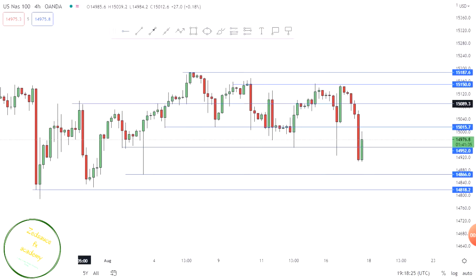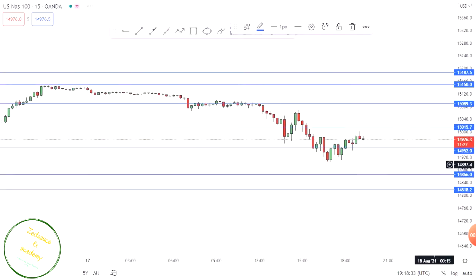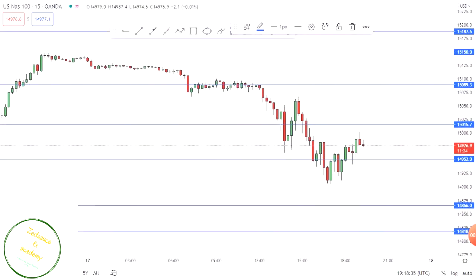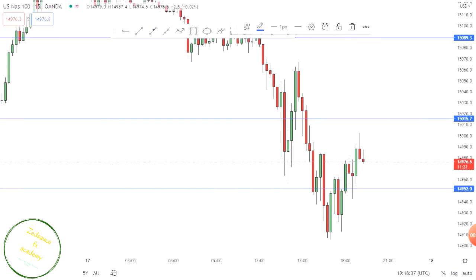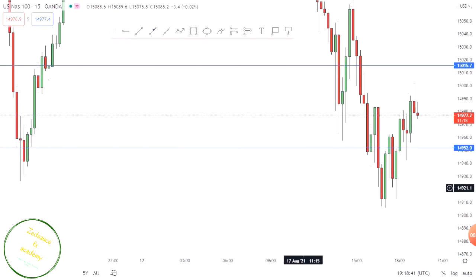So after that, you go down to your 15-minute time frame. This type of trading works hand in hand with price action. So we're going to be looking for bullish engulfing or bearish engulfing candles on the zones or close to the zones.